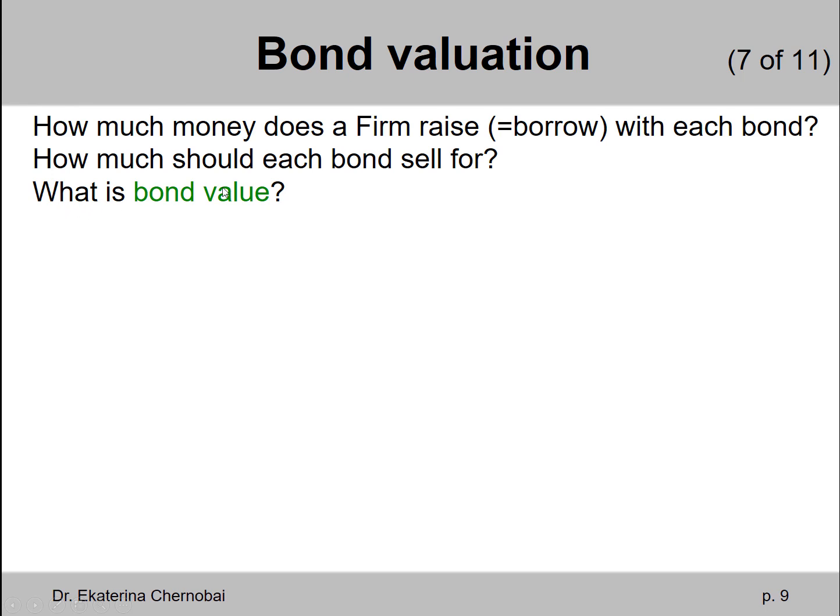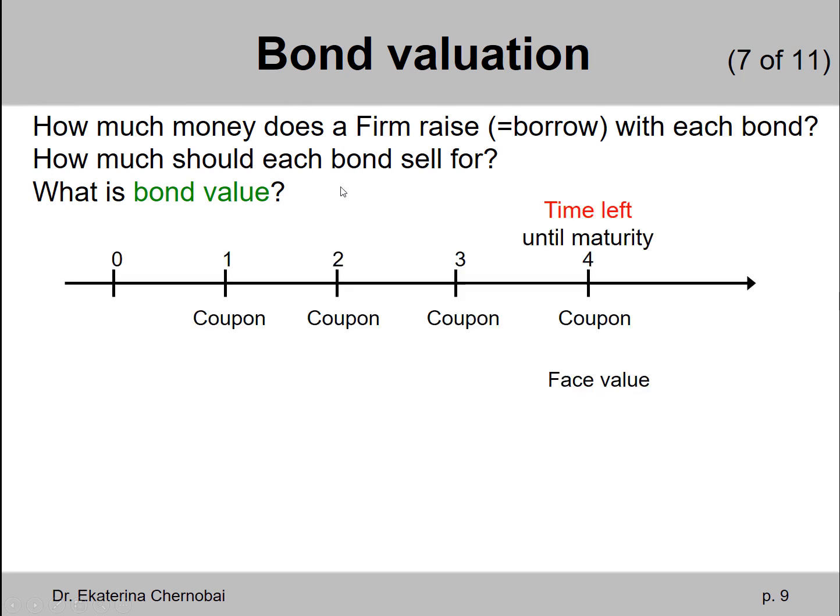So what is the bond value? How much should each bond sell for? How much money does the firm raise or borrow with each bond? These three questions ask you to calculate the same exact thing. So we usually call it bond value, calculating bond value, or bond valuation.